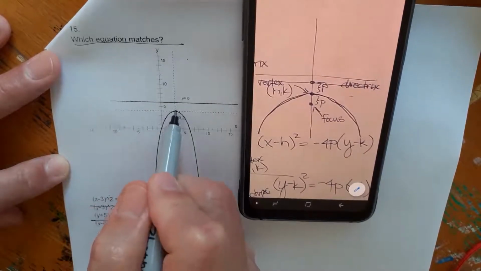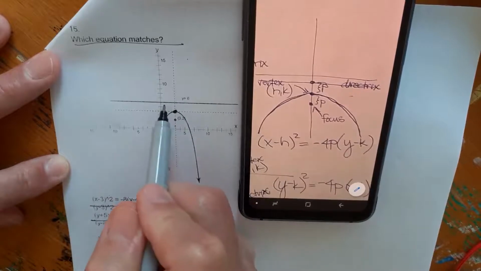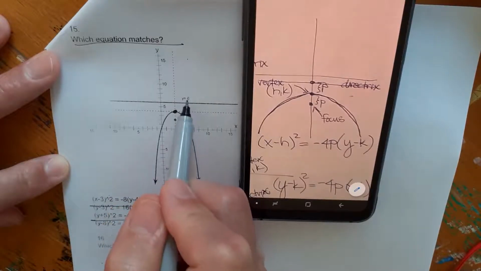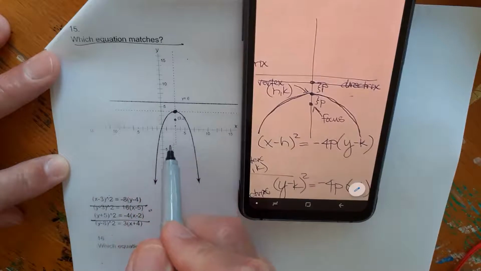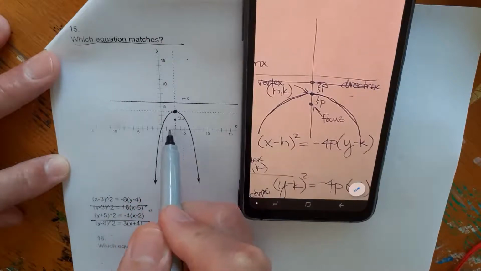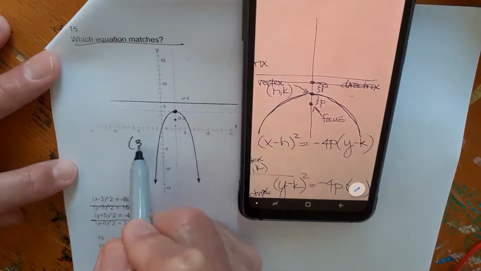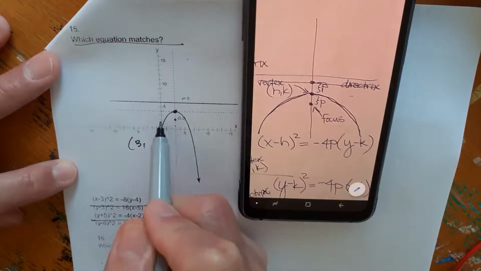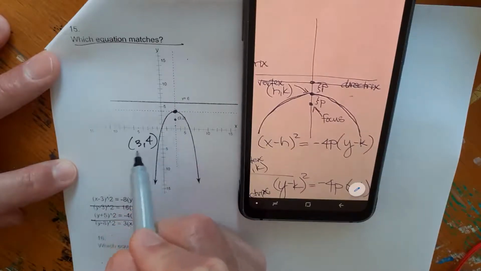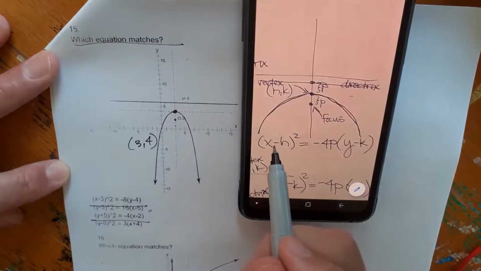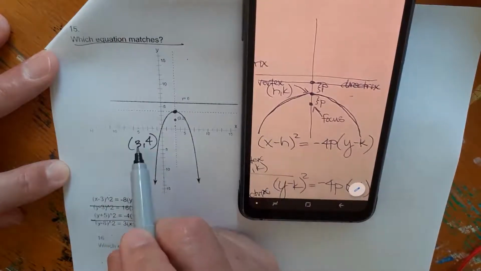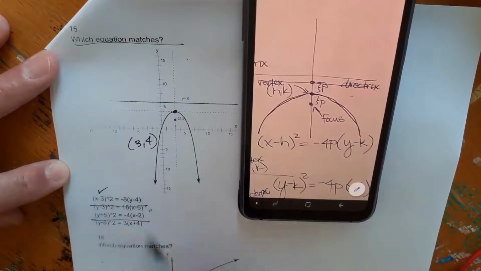Let's look at the vertex. The vertex is at, can I read my graph? Here we go. 1, 2, 3. So the vertex is at 3, comma, 1, 2, 3, 4. 3, 4. So we're going to have x minus h, which is 3. X minus 3, check.